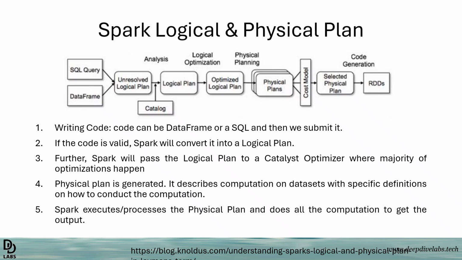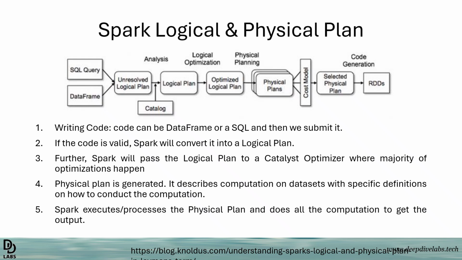So the unresolved logical plan is put into place, and then the data catalog, the metastore information, is used to create a logical plan. Once the logical plan is created, it goes through the Catalyst optimizer, which optimizes the logical plan further. This is the place where the majority of the optimization happens.